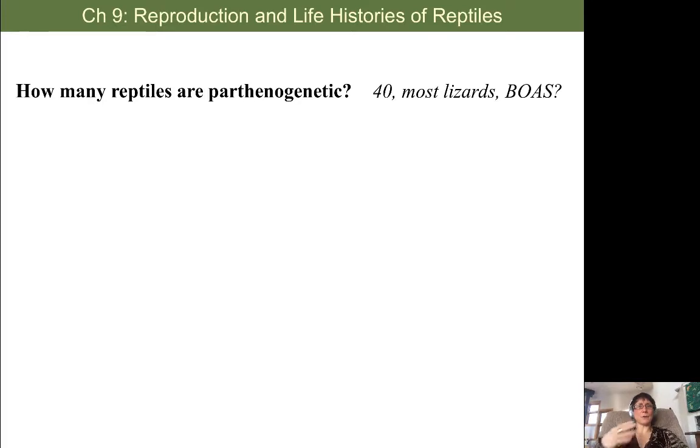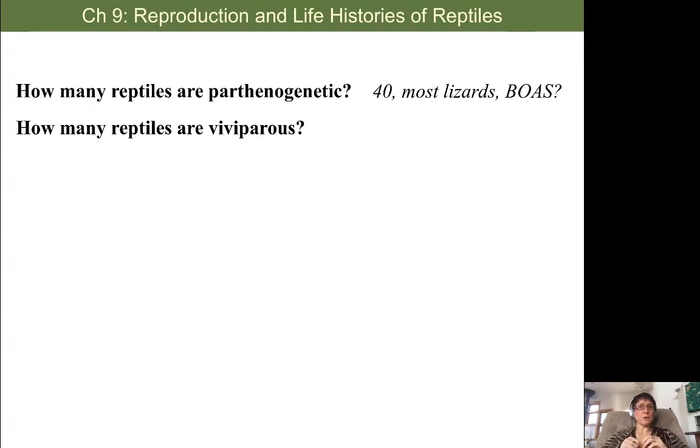Part of that has to do with another topic I'm going to cover in a minute. So there's about 40 species. I need to calculate what that percentage is, but it's a pretty low percentage of total species that exhibit parthenogenesis. So it exists, but it's not very frequent.